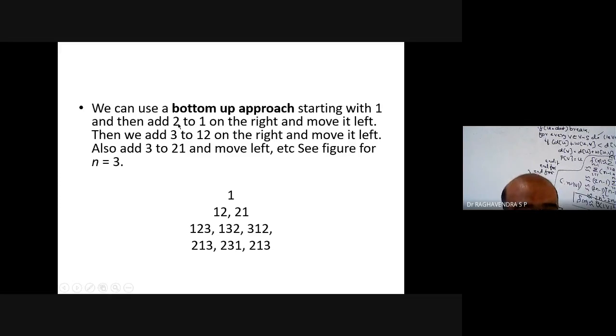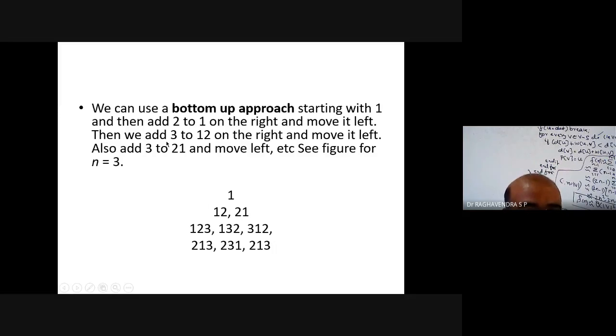Then add 2 to 1. Here add means not adding, just concatenating 2 to 1 on the right and moving it to the left. So first you take the single value 1, then you put 2 on the right side, and 2 on the left side. These two are the different combinations.